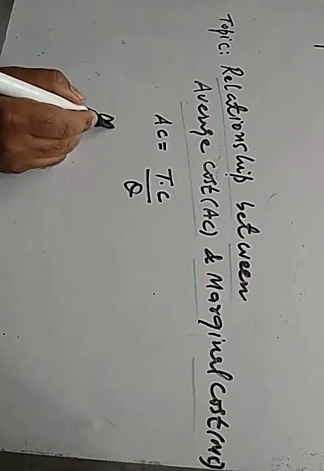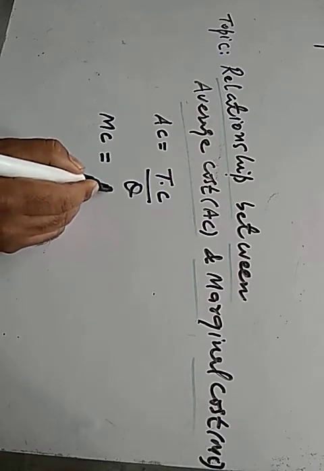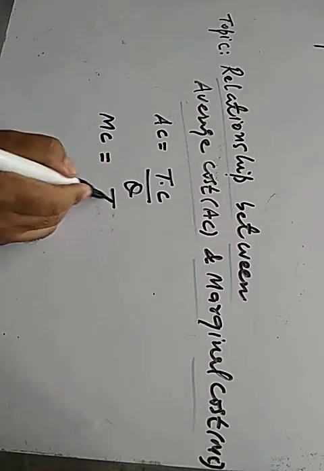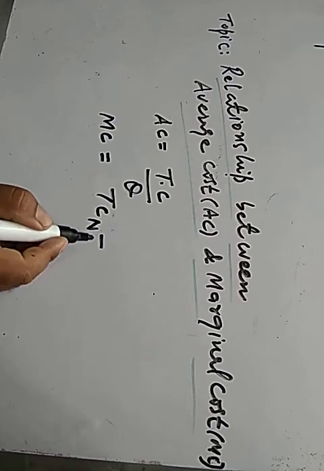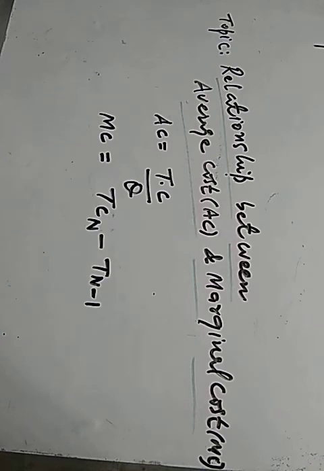And marginal cost, which is addition to total cost when one more unit of output is produced, or we can say it is additional cost of producing additional unit of output, is obtained with the help of this formula: total cost of n units of output minus total cost of n minus 1 units of output produced.